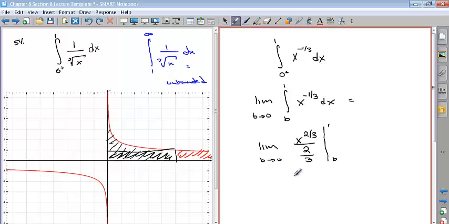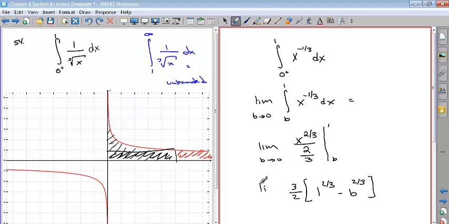So dividing by 2/3 is multiplying by 3/2, so we'll have 3/2 times x to the 2/3. We plug in the upper limit, so you get 1 to the 2/3 minus, actually, b to the 2/3.